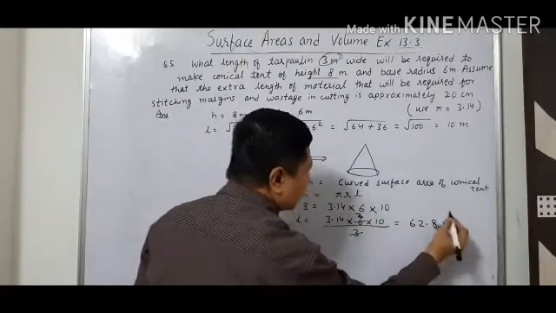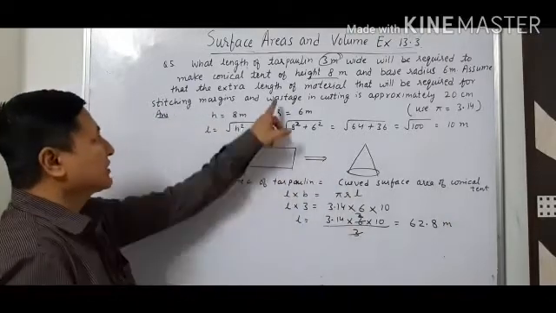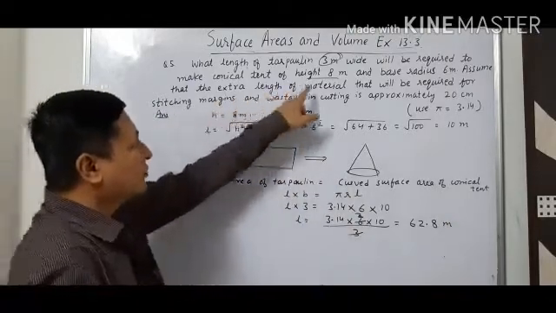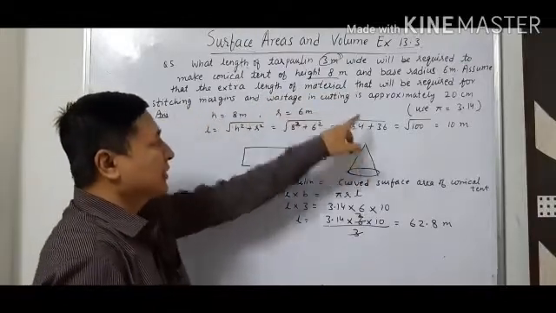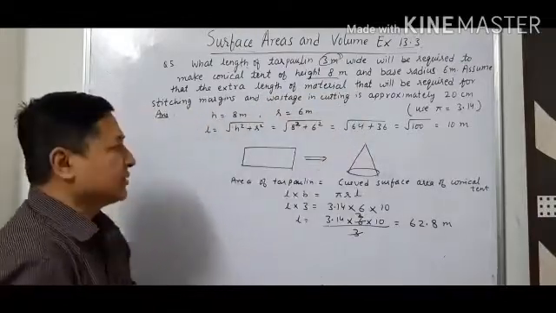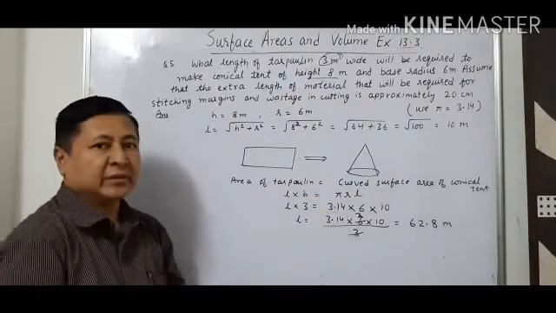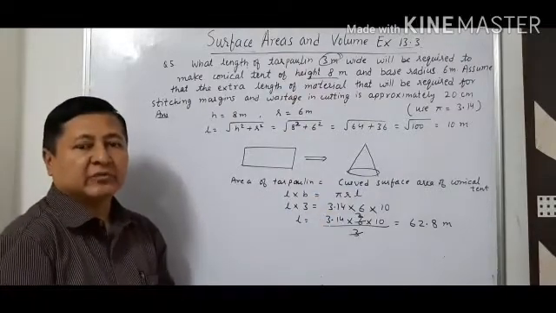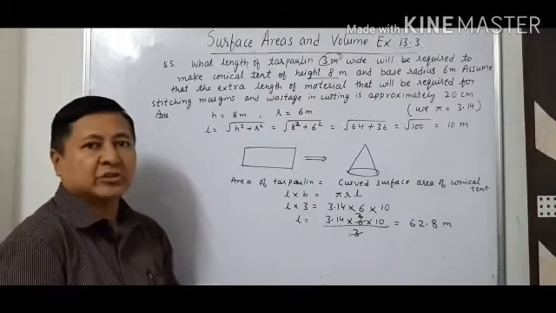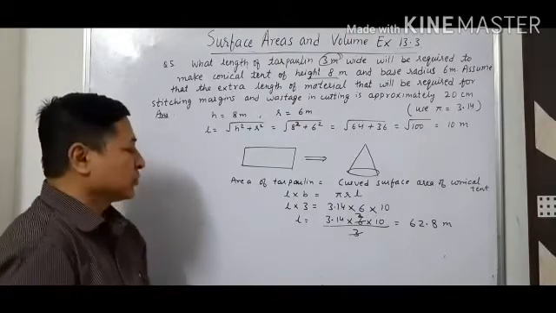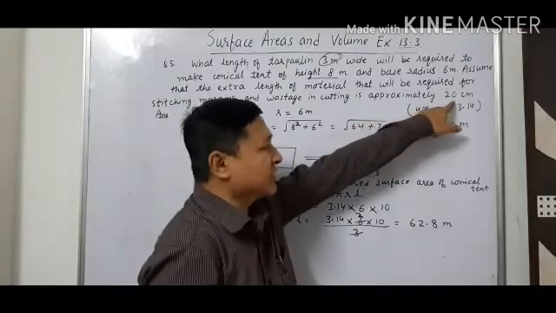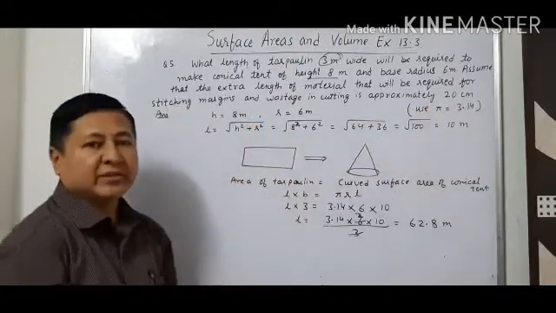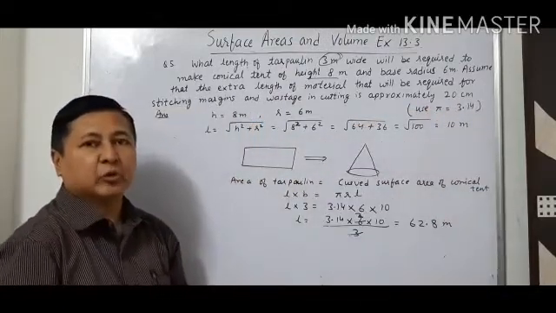62.8 meter. Now in this question one more thing is given, that the extra length of material that will be required for stitching margin and wastage in cutting is approximately 20 centimeter. While we are making the tent, we have to cut, so certain wastage will be there, and also in stitching we require certain length. So we have to add that portion also. We have to add 20 centimeter, which converted to meter becomes 0.2 meter.